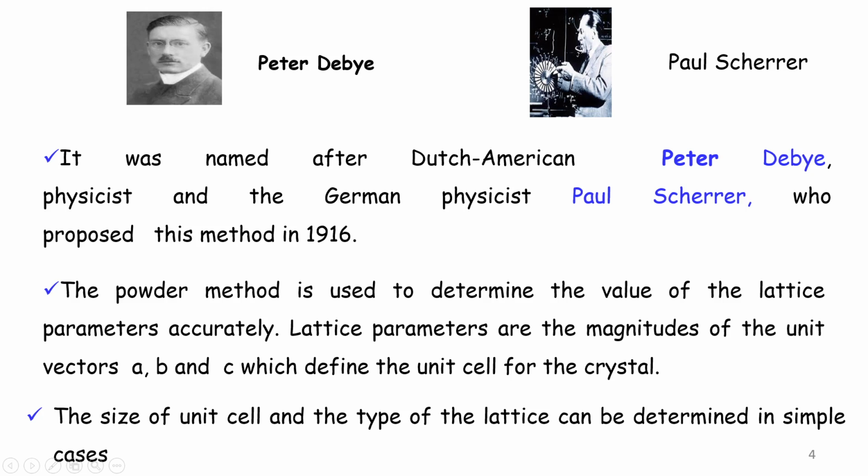So they satisfy Bragg's diffraction condition, 2d sin theta equals n lambda, and we get the diffracted beam of X-ray from the powder crystalline material, and it is useful for the determination of the lattice parameter, the size of the unit cell, and the type of the unit cell.